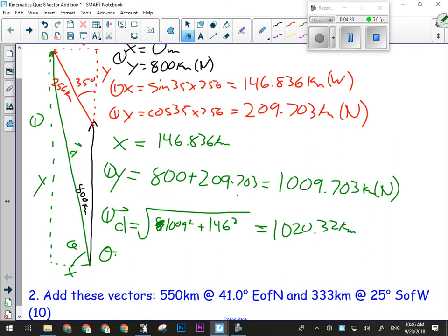And then we have to find theta. They can use any trig function they want, but I'm going to use tan and I'm going to use y over x. They may have gone the other way. That's fine. So that'll be of our 1009 over our 146.